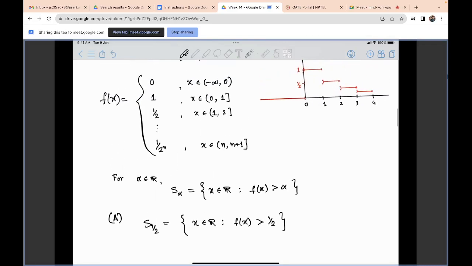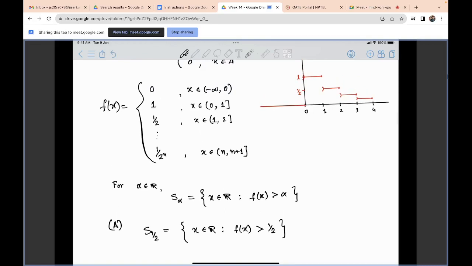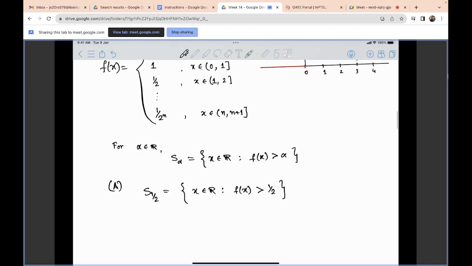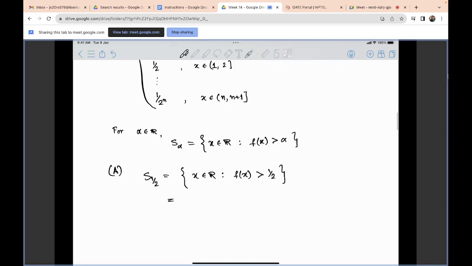Okay, so you have to find all the points where f is strictly bigger than half. Only when it takes the value 1 is it bigger than half, so it is in the interval open 0 closed 1. So all the points where it is bigger than half form open 0 closed 1.